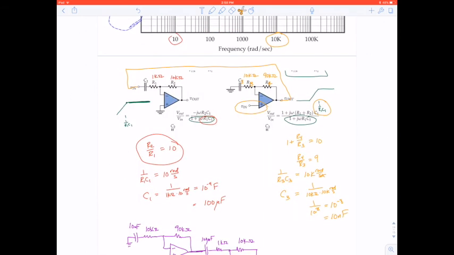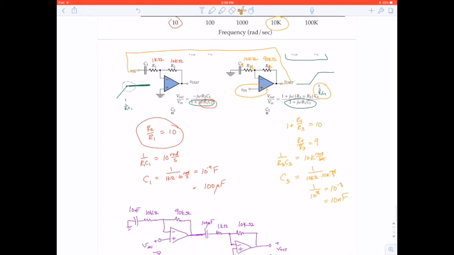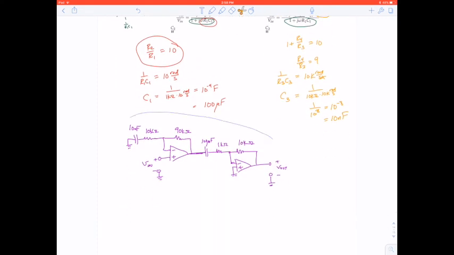And then we can sketch our design, which I've copied and pasted from above, and then we just need to determine what capacitor value gives us the corner frequencies that we're interested in. And in both cases, we have looked at this pole frequency here in the denominator, which told us where this corner is, and it told us where this corner is. And so we solve for those component values, and then we can sketch our final filter design.